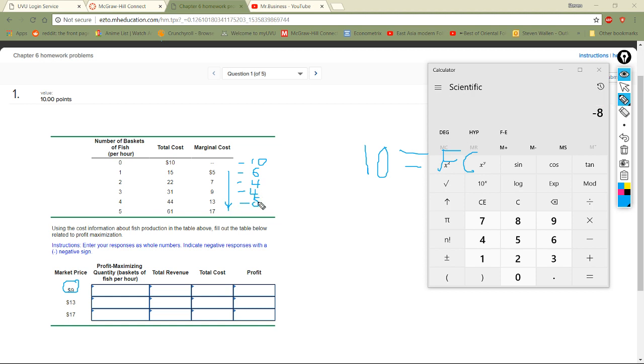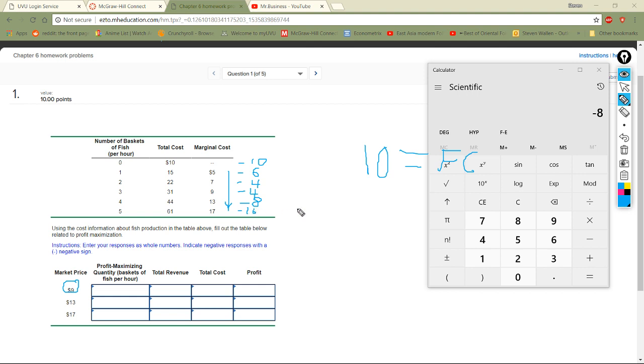So we were improving, but what happened just barely? Now it's getting worse as far as total profit. And then 5 times 9 is 45. 45 minus 61. Oh, geez, yeah, that gets really bad there. Because then we're minus 16.